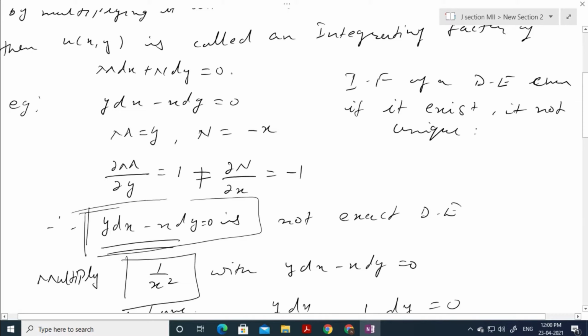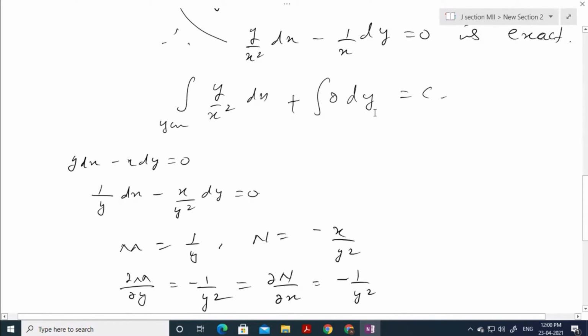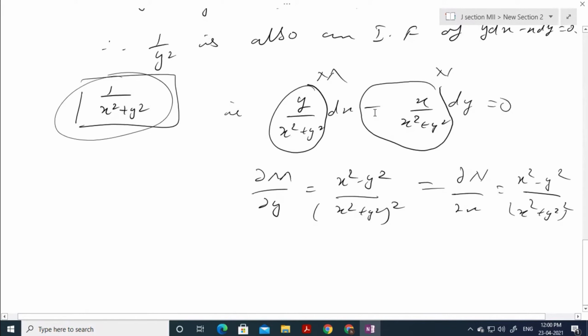Understood? Yes, ma'am. But now you can't always guess for finding an integrating factor. You should have some methods for that.